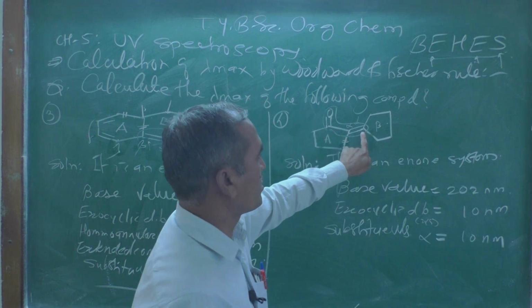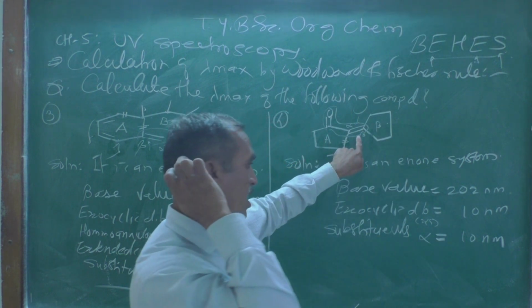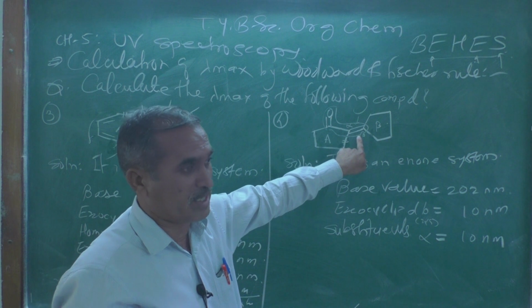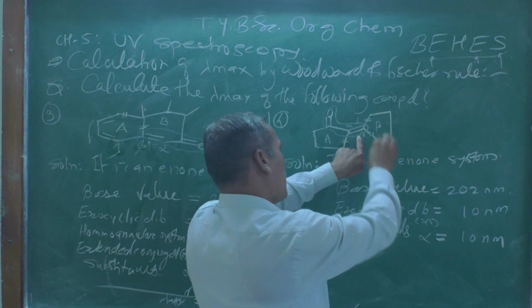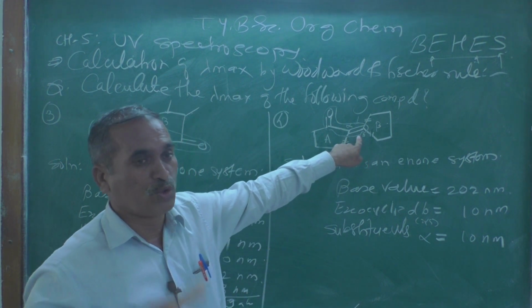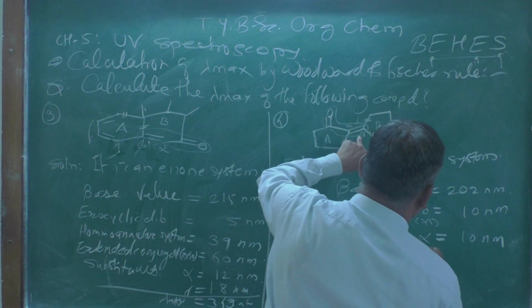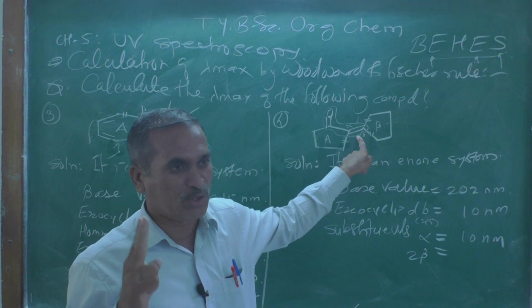Then the next adjacent carbon atom is termed beta. Look at the beta position. How many beta substituents are present? Look at this side one substituent, this side another substituent, which means there are 2 beta substituents present, and therefore here you can write 2 beta. For 1 beta you should add 12 nanometer.